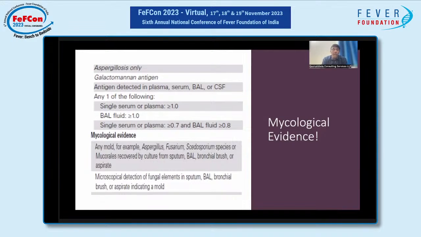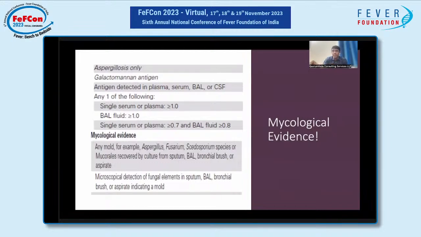Of course, culture positivity is very important. If you grow an Aspergillus or a Fusarium or a Scedosporium or Mucor in a bronchoscopy sample, that's very, very significant. Again, in a predisposed individual, just because you grow a fungus in the BAL or sputum doesn't always mean it's invasive fungal infection. It could be a colonizer in the respiratory tract.